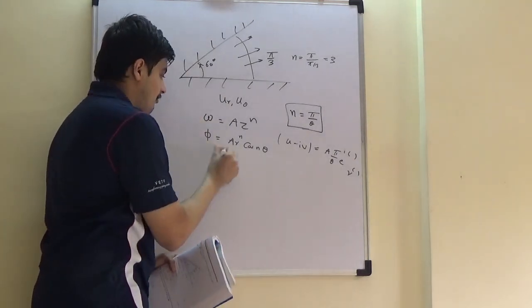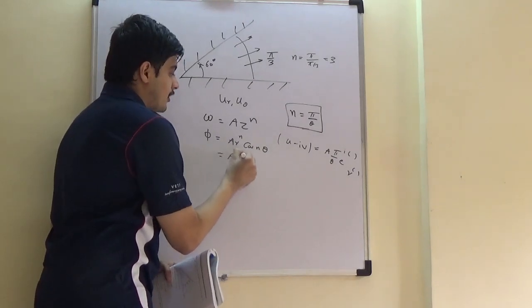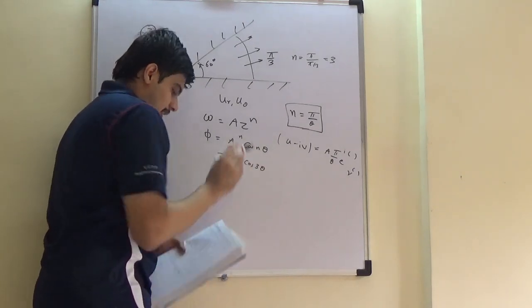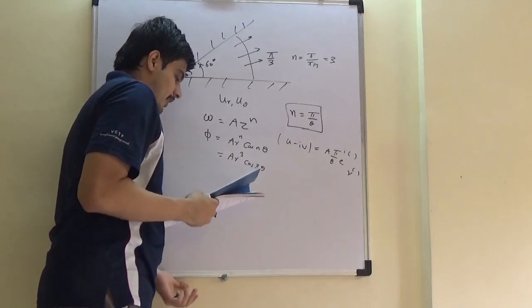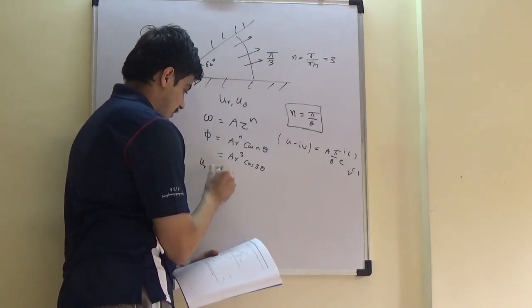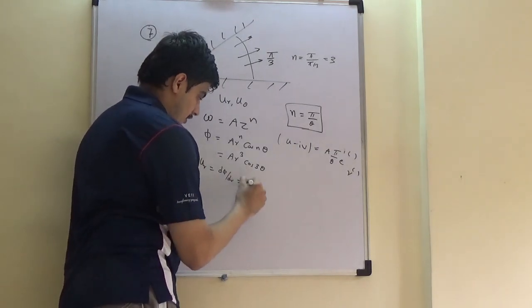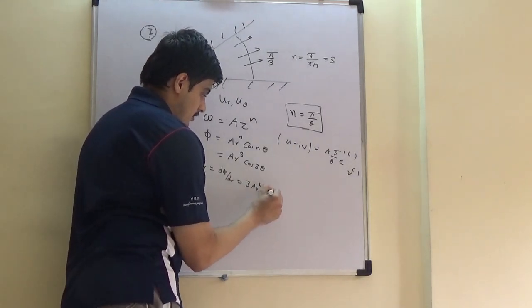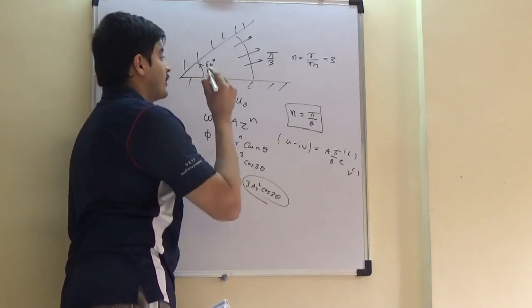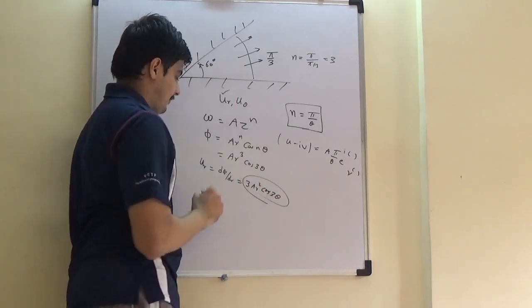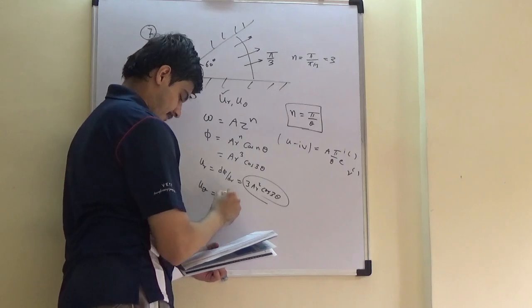Which means my phi is a r cube cos 3 theta. Correct? So what is ur? d phi by dr simply, which is 3ar square cos 3 theta. This is my ur.